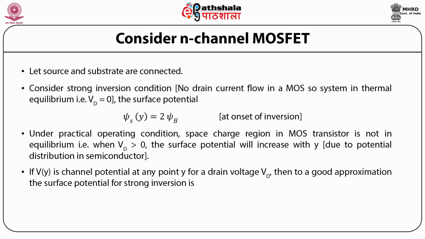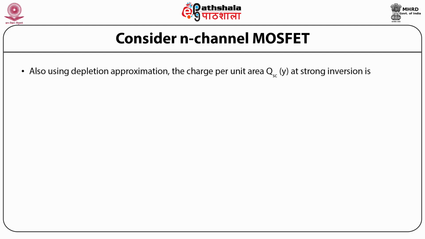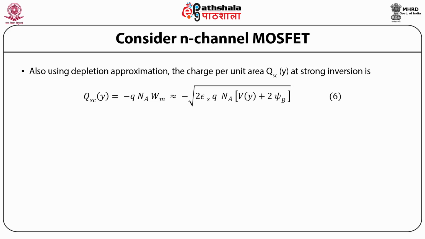If V of y is the channel potential at any point Y for a drain voltage Vd, then to a good approximation, the surface potential for strong inversion is psi s inversion equal to 2 psi b plus V as a function of Y. Also, using the depletion approximation, the charge per unit area Qsc of y at strong inversion is minus q Na Wm, approximately equal to minus root of 2 epsilon s q Na multiplied by V of y plus 2 psi b.